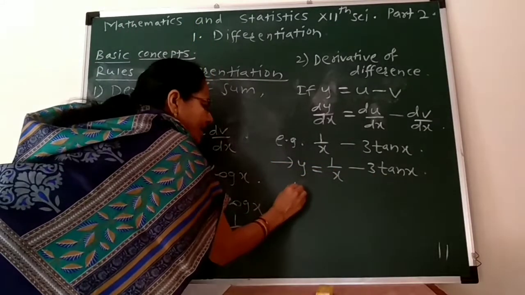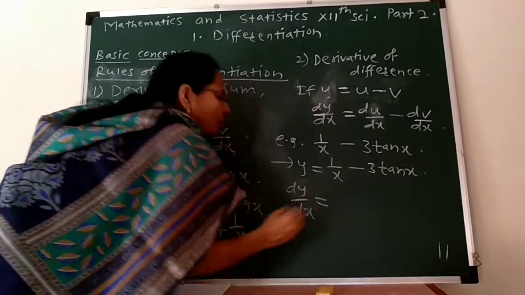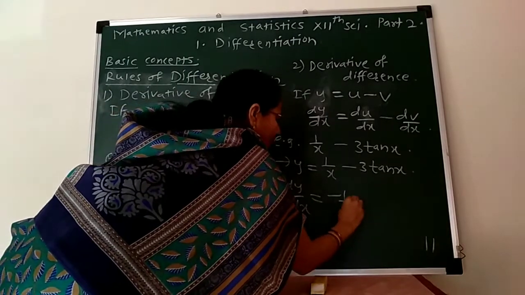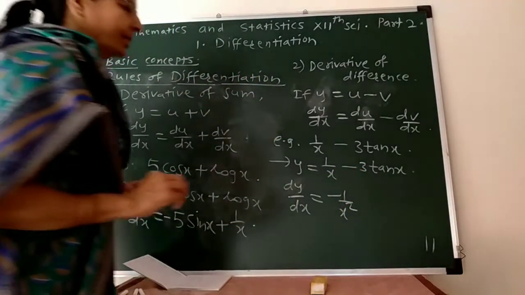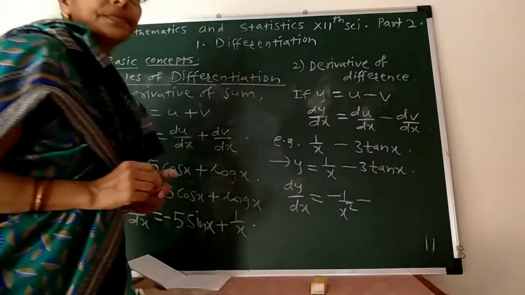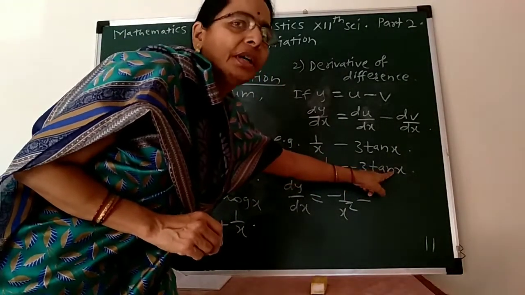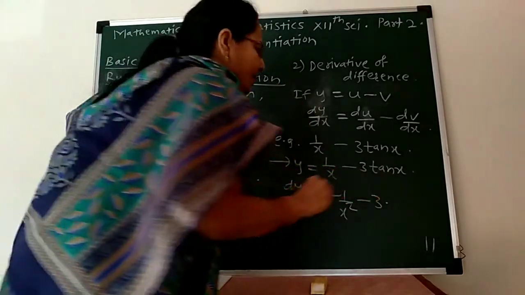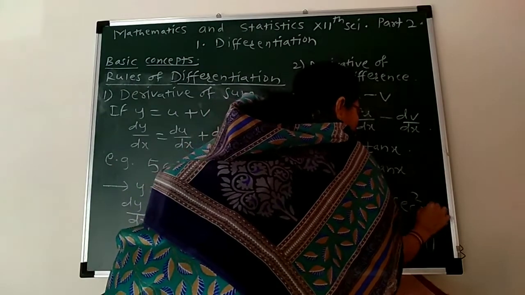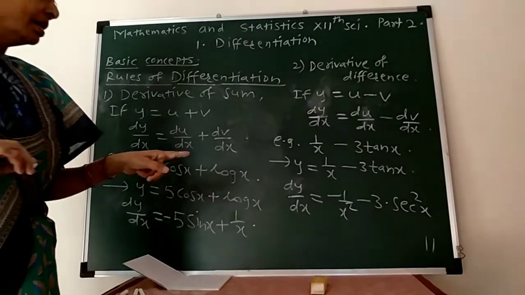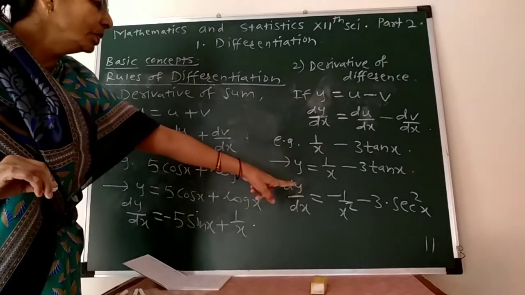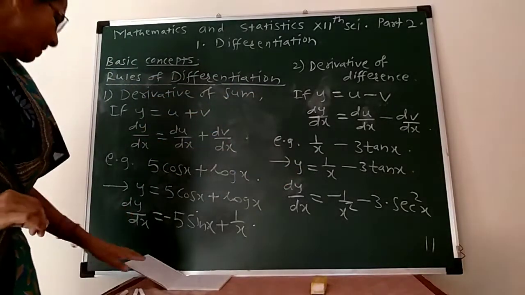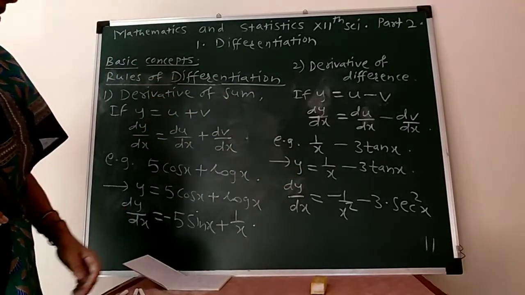So dy by dx is equal to the derivative of 1 upon x, which is minus 1 upon x square, minus sign as it is, constant as it is, derivative of the function tan x is sec square x. This is the final answer, no chance for further simplification: minus 1 upon x square minus 3 sec square x.